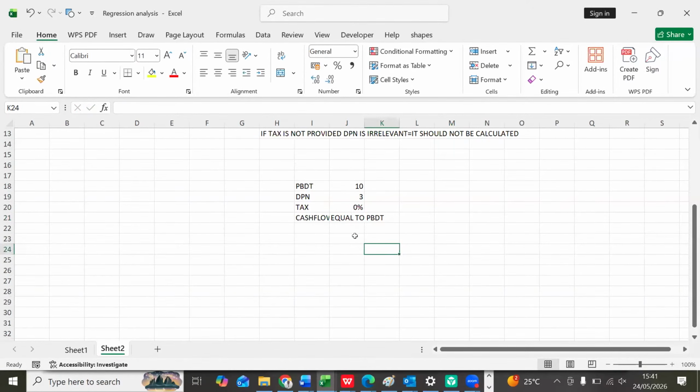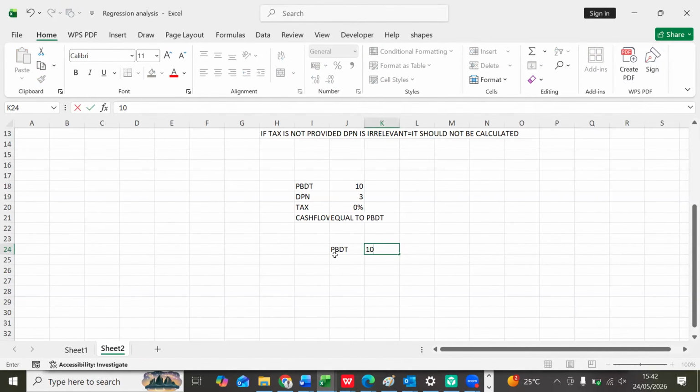Why is that the case, that our cash flow will be equal to PBDT? It is the case because tax is 0, and the tax being 0, it basically disqualifies depreciation. Depreciation will be irrelevant. Why is that the case? Because if I wanted to calculate this cash flow, I go through the longer way.